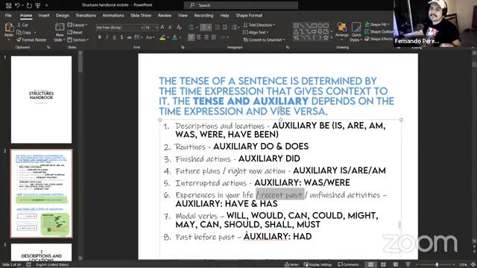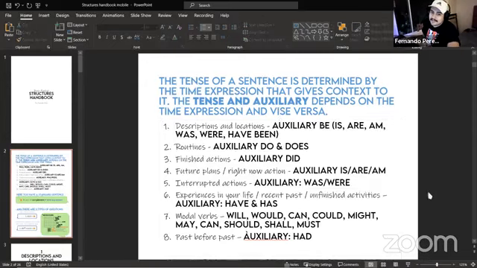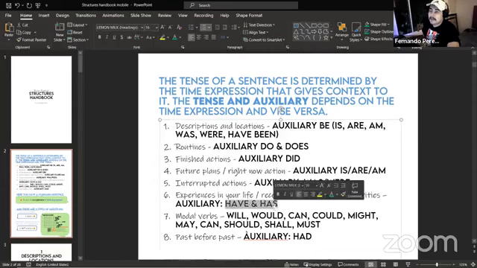And finally, unfinished activities. I haven't done the dishes. They are all dirty in the kitchen. You see? Haven't, has, plus the verb in past participle.